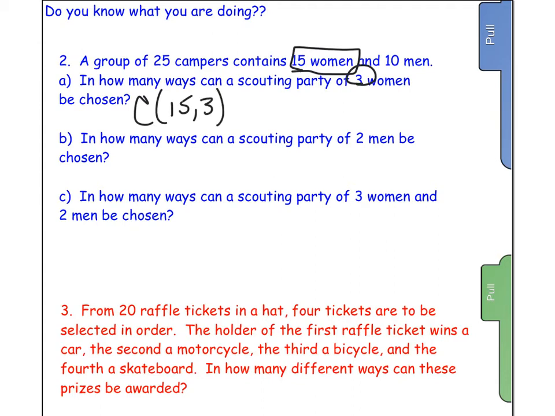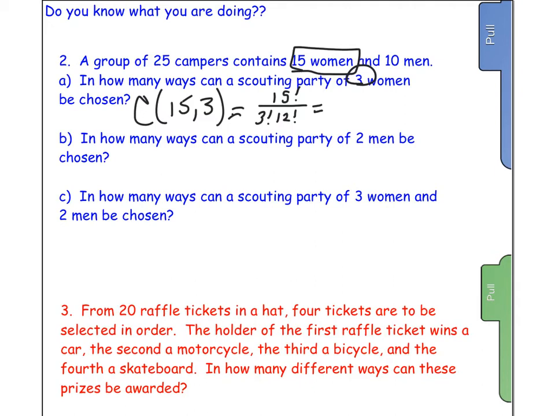Now, on to our formula for the combination. n factorial on the top, r factorial followed by the difference of 15 and 3 factorial. 15 subtract 3 is equal to 12 factorial. Okay, so we continue on.